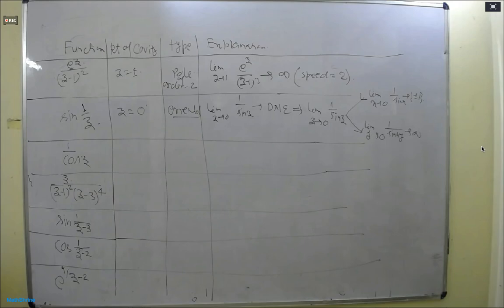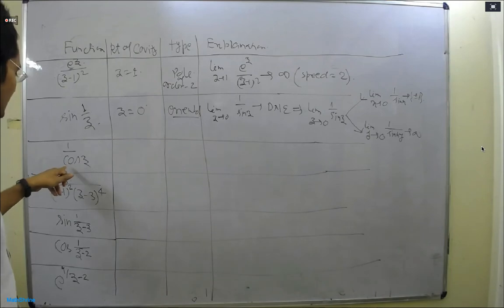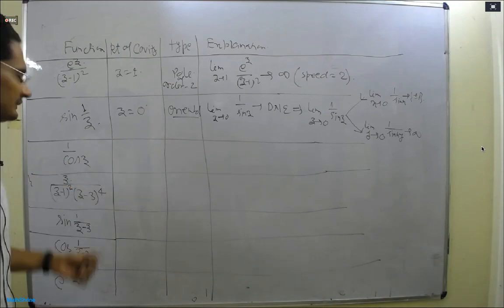Now tell me about the next one, 1 over cos z. The point at which cos z is 0, definitely at that point the function will tend to the infinity. What are the zeros of cos z?